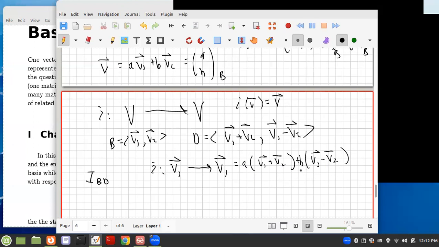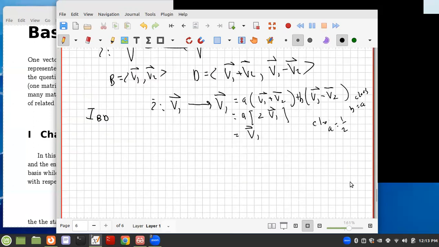So this is going to equal A times (V1 plus V2) plus (V1 minus V2). The V2s will cancel out, and I'll just be left with 2 times V1. Then if I choose A equal to 1/2, this will equal V1.